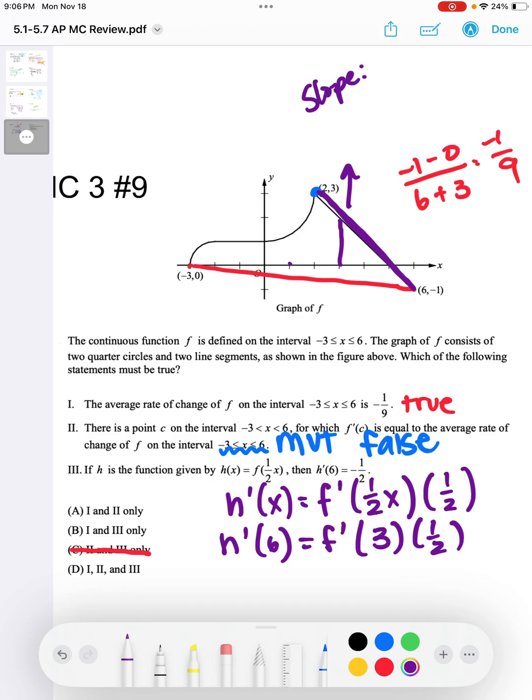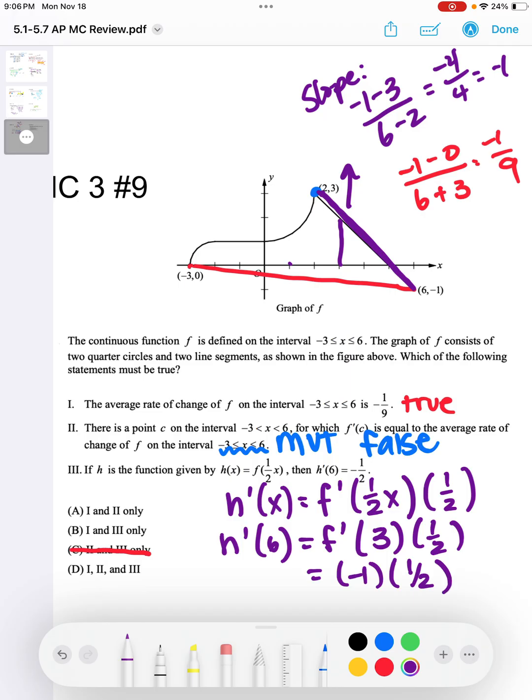Slope of that line is going to be negative 1 minus 3 over 6 minus 2 to give me negative 4 over 4, or negative 1. So f prime of 3 is negative 1 times the 1/2 from our chain rule, which is going to make it negative 1/2, which makes this statement true. I know 2 is false, so that's going to eliminate those two options, leaving me with my only possible answer anyways, but the two true answers, 1 and 3.